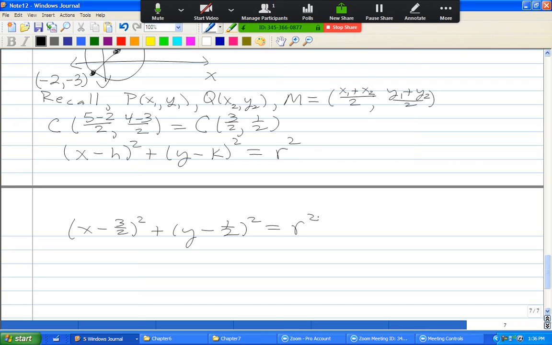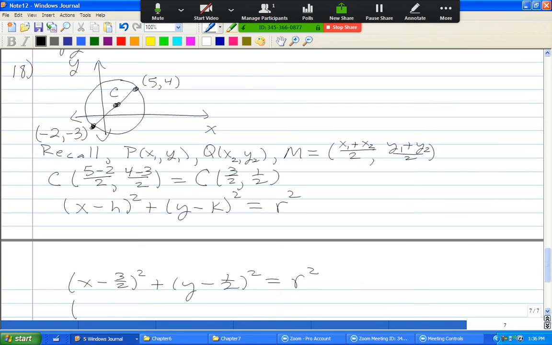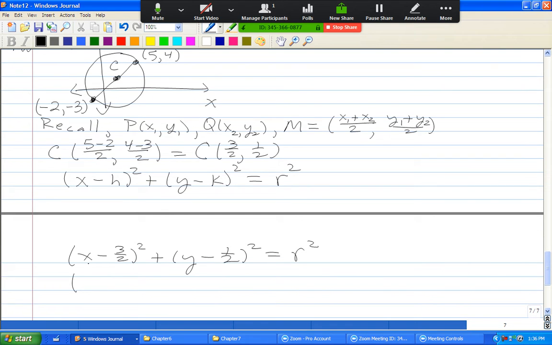I don't know what r squared is yet. I can plug in either of these 2 points. Probably the point 5, 4 is easiest. Let's plug in 5, 4. So 5 minus 3 halves squared plus 4 minus 1 half squared.